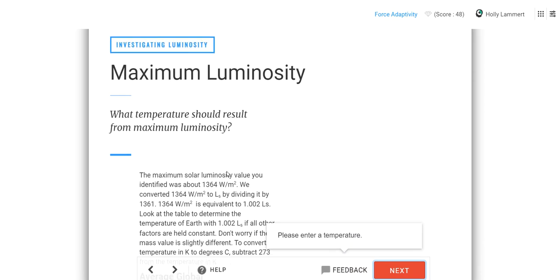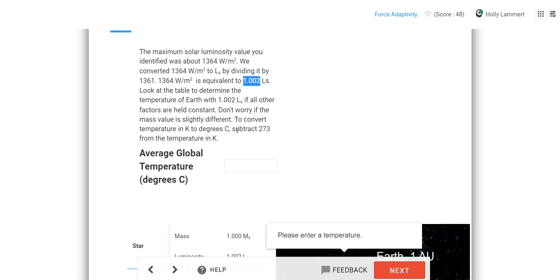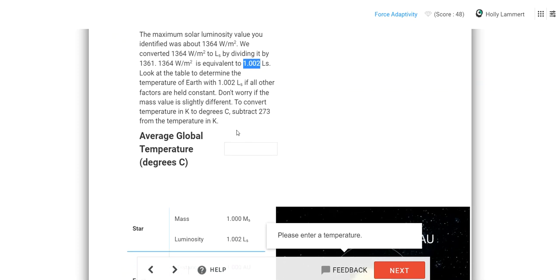Okay, and the final thing here, what is it saying? Maximum solar luminosity value identified was 1364. We converted it by dividing. Okay, so they found 1.002, and we want to know, if we look at the table, the temperature of Earth with 1.002 luminosity of the sun, if all other factors are held constant.